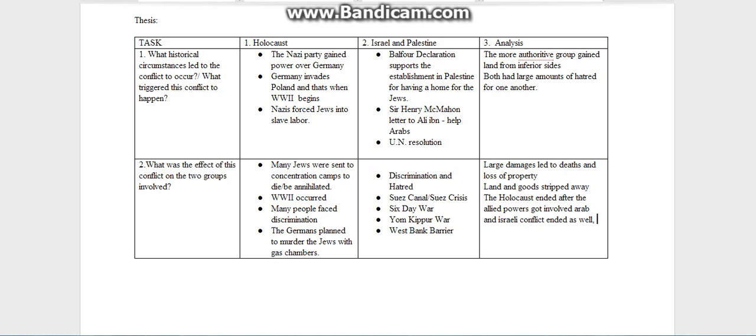But it's still continuing to this day, but in a very different way than before. There's not as much violence.